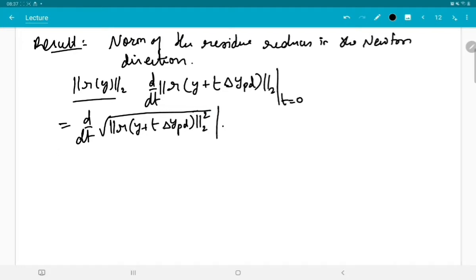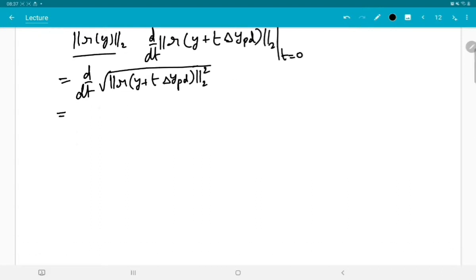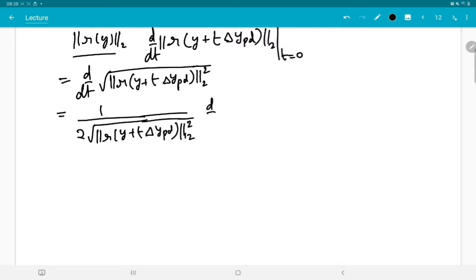If we differentiate this, I have 1 by 2 root of r(y plus t delta y_pd) norm squared, and d by dt of the norm squared of r(y plus t delta y_pd) by chain rule.